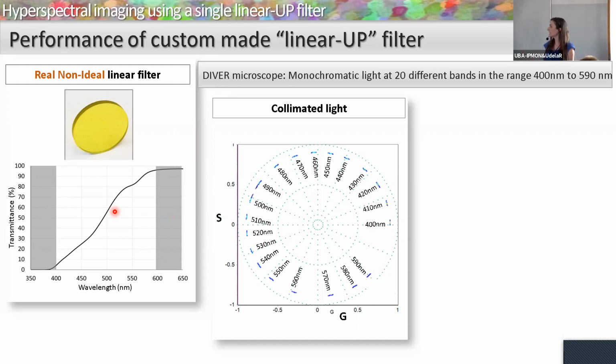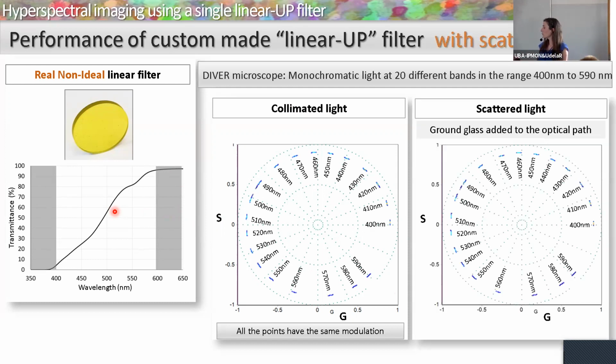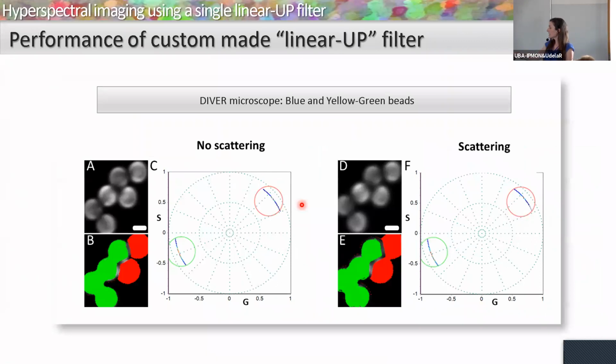And then we tested it with scattered light. We added a piece of ground glass in the optical path, and we did the same experiment. As you can see, the separation of light of different wavelengths is perfectly fine and well separated in the phasor plot. Then we used beads to also test the scattering. Here we have beads of two different colors, blue and yellow-green.